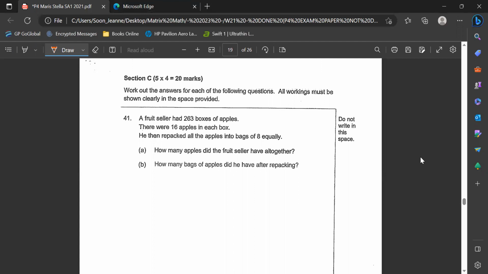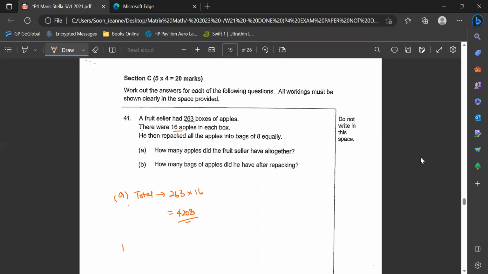A asks how many apples did the fruit seller have altogether, and B, how many bags of apples did he have after repacking. First we need to find the total number of apples. Very straightforward. 263 boxes, one box has 16 apples. So total apples, you just have to take 263 times 16. If you work out your answer carefully, you will have 4208 apples in total.